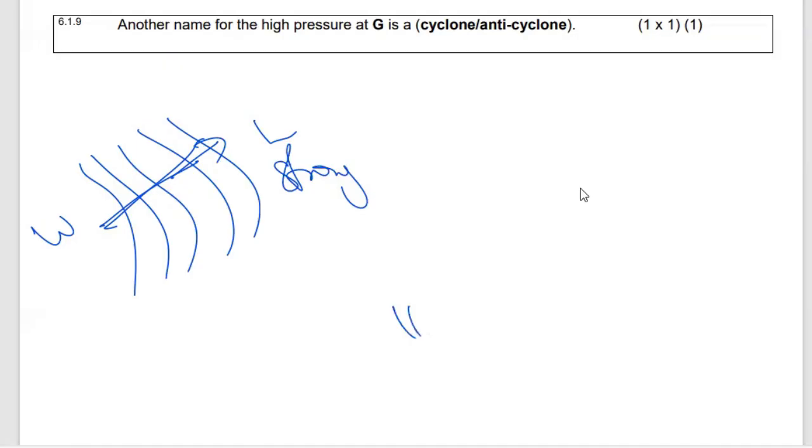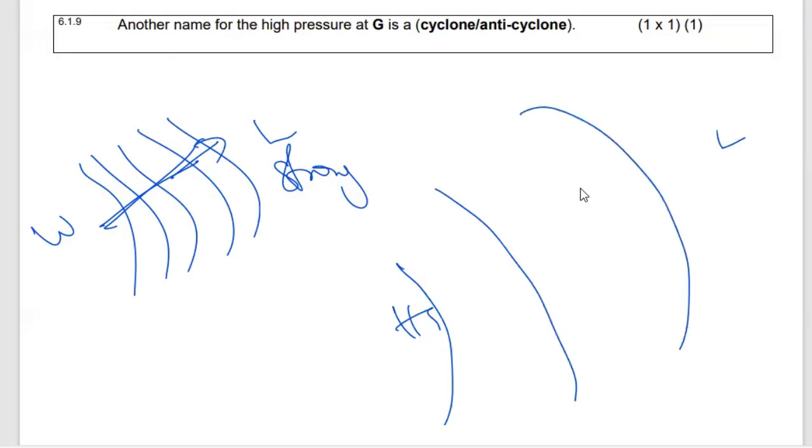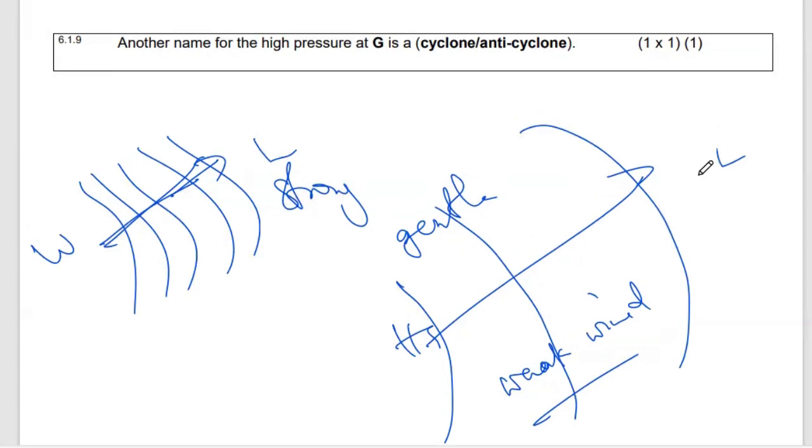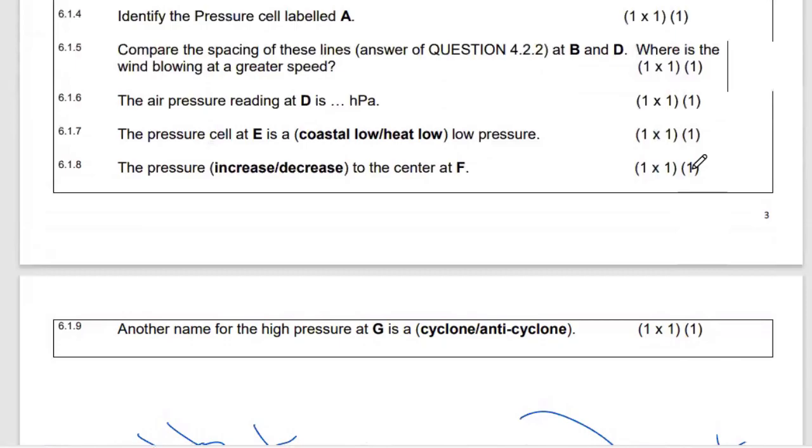But if our high pressure is there and our low pressure is there, and our isobars are like this, there is a general gradient which will give us weak winds. There will be light variable winds in that direction, and here there will be strong winds. So the closer the isobars, the steeper the gradient and the stronger the winds. But if they are further spaced apart, it will suggest that there are weaker winds.